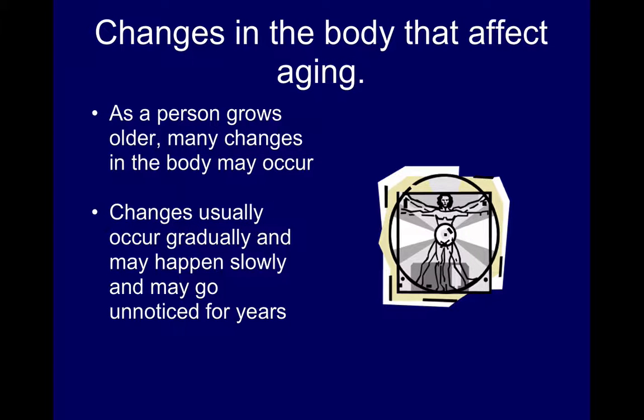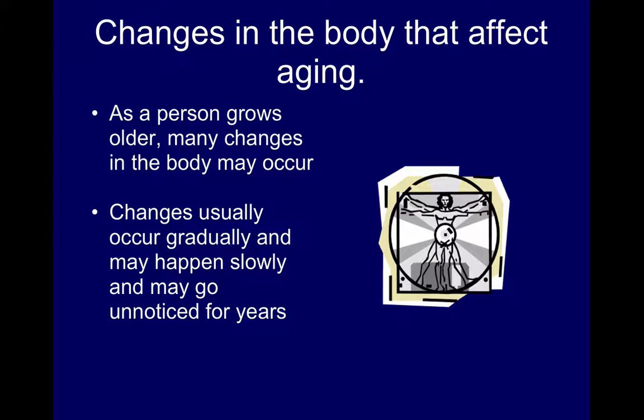As we get older, our body changes. Changes occur gradually, may happen slowly, and may go unnoticed for years. There's one theory that when we reach our mid 30s, we start losing 1% of our organ function. Now that sounds a little sad and glass half empty. However, does that mean our organs don't function when we're in our 60s, 70s, or 80s?